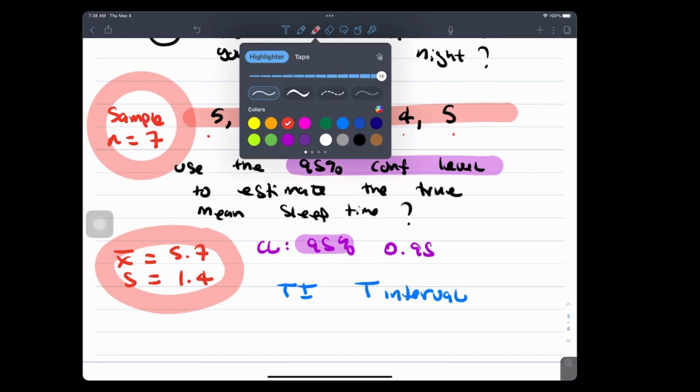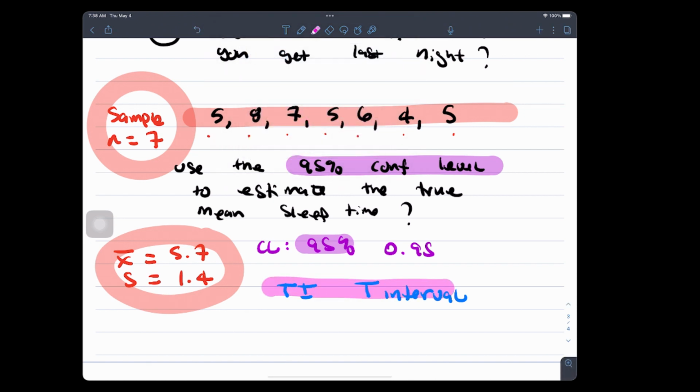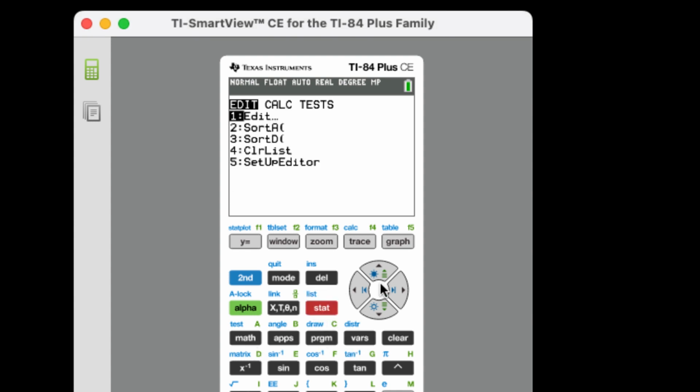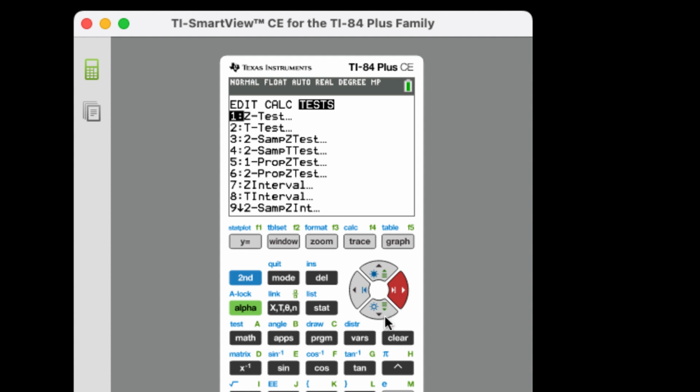Interval. So now you could go to the TI and you go, okay, TI, how do I estimate? You go to stat test now. I got to go to T interval again. That's number 8. Is that right? T interval.